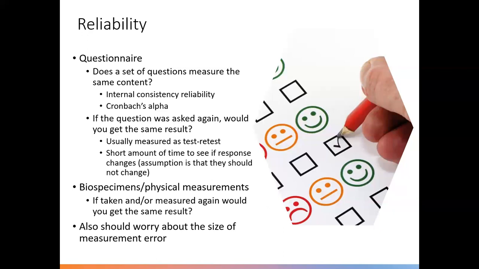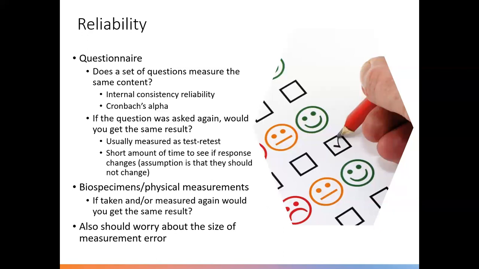And then the next question we ask is, if we measured it again, would we get the same result? So if we took your blood pressure 5 times, would we get the same result? If we measured your height, or the height of an infant, which can be a little bit more challenging, would we get the same result?